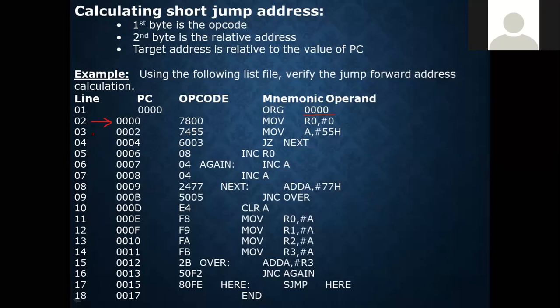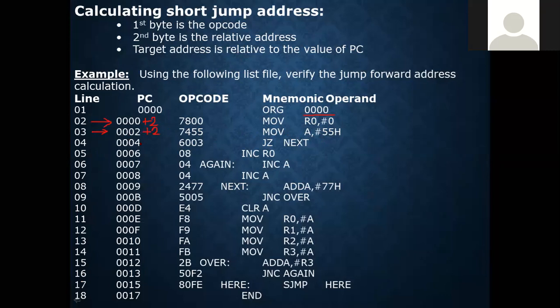So this will be located at 0002, that means this is a 2-byte instruction, so 0000 plus 2. Okay, because this is a 2-byte instruction. Now here again in the next instruction, this is also a 2-byte instruction, so it will be plus 2.